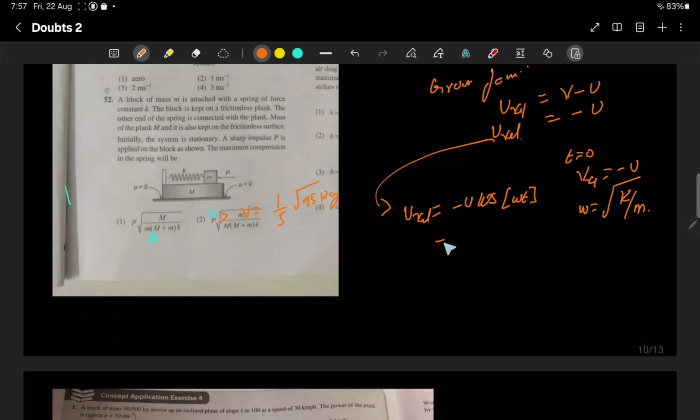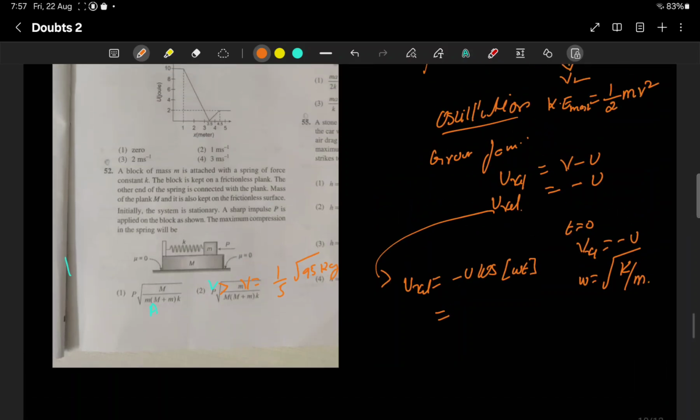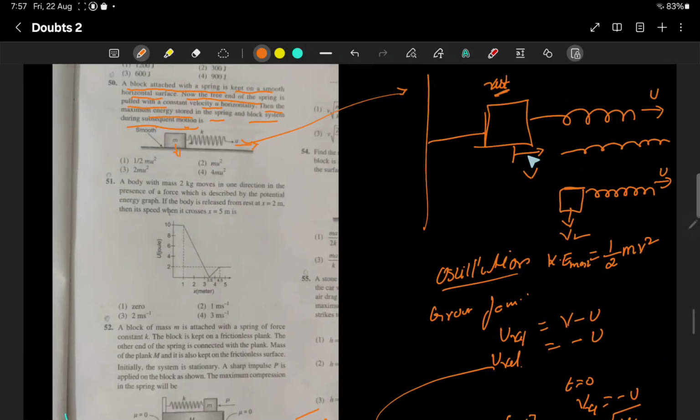When the spring attains the maximum length, the block starts to move. That is nothing but the condition when omega t is equal to pi. When omega t is equal to pi, you will have maximum velocity.